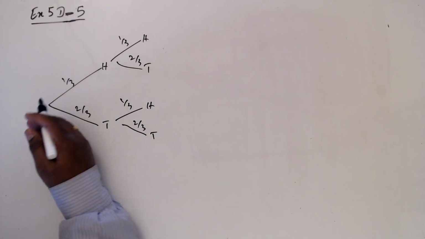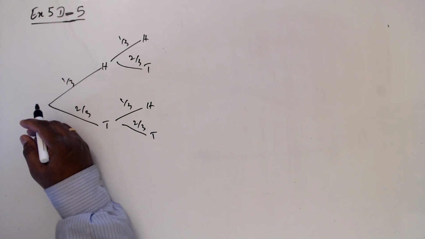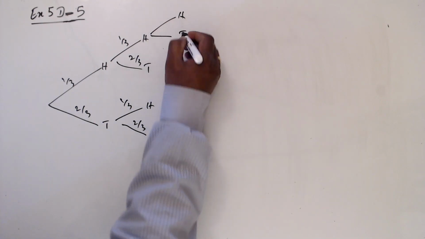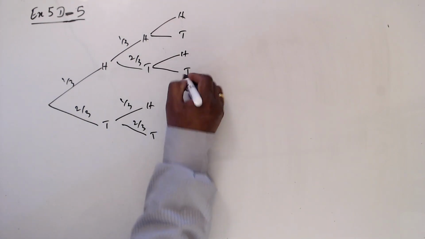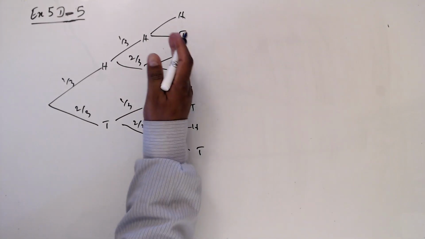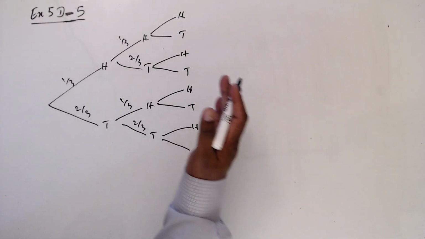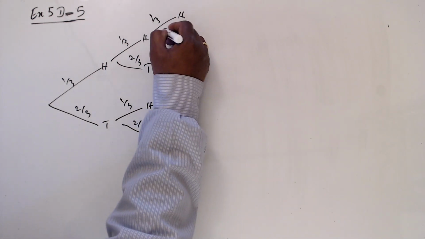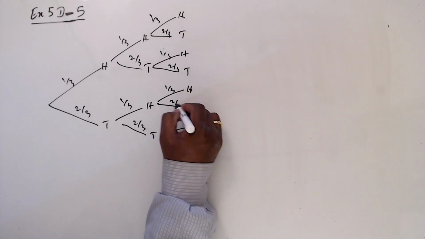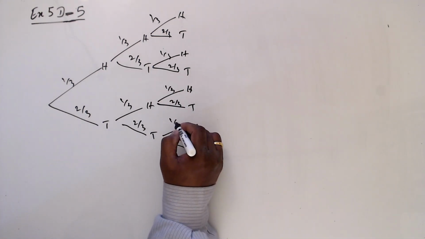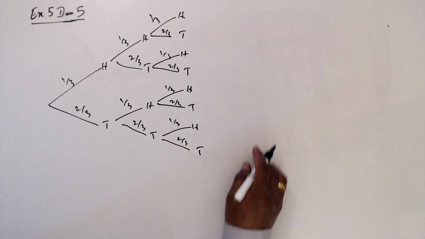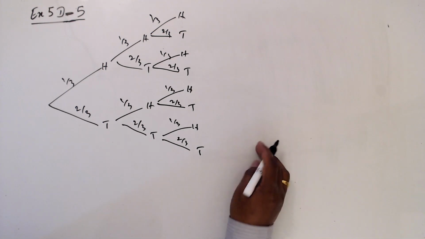There is no influence. The third trial also does not depend on one or two. So 1/3, 2/3, 1/3, 2/3. Probability is still the same. This is a standard question.